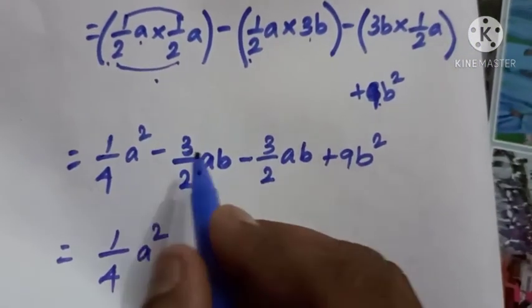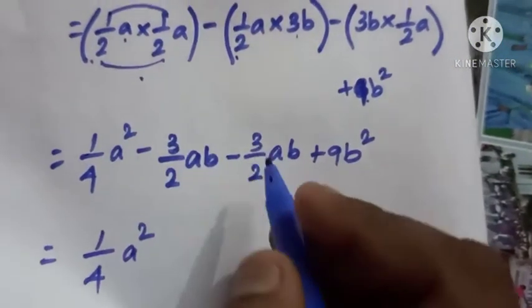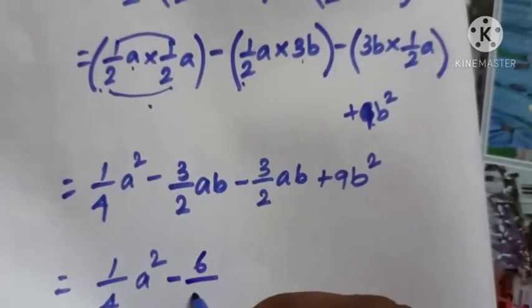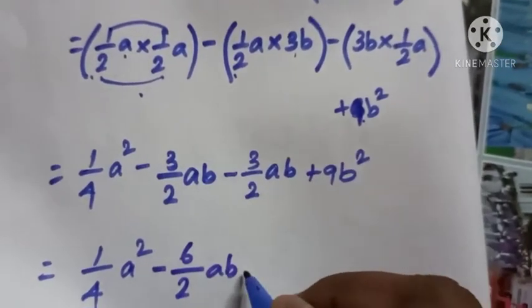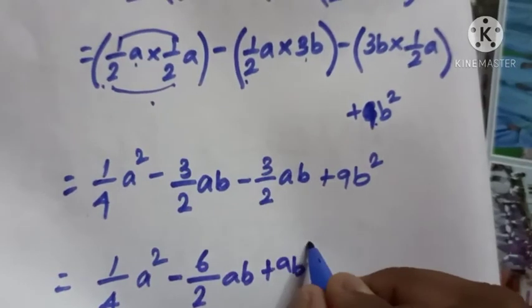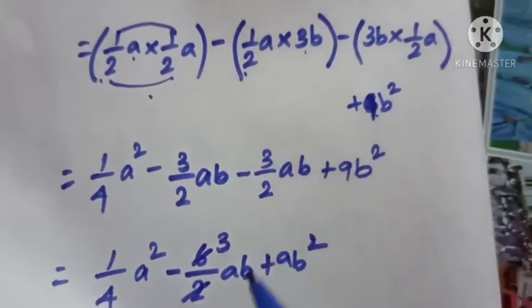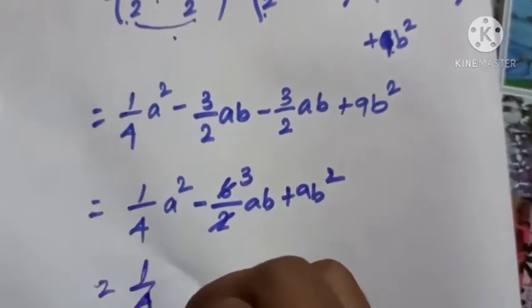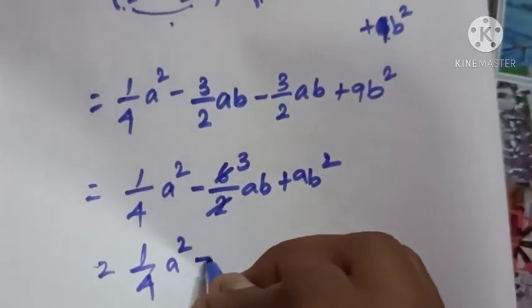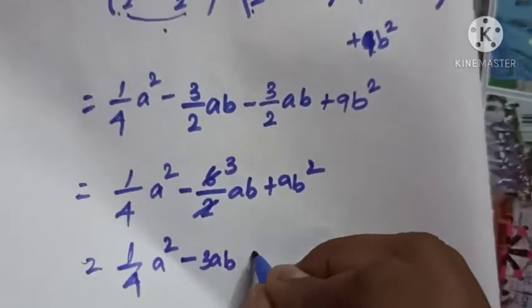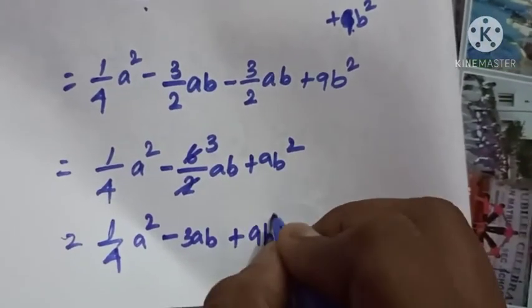So minus 3 by 2 minus 3 by 2 is equal to minus 6 by 2 ab plus 9b square. So 1 by 4 a square minus 3ab plus 9b square.